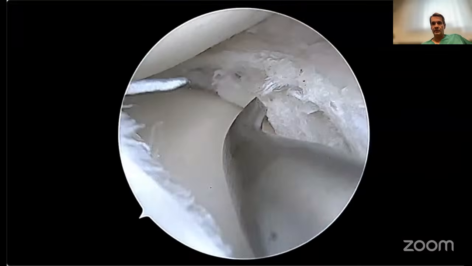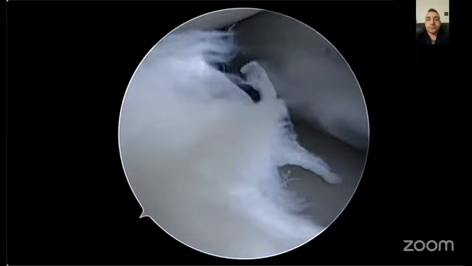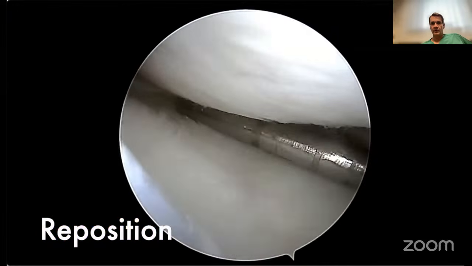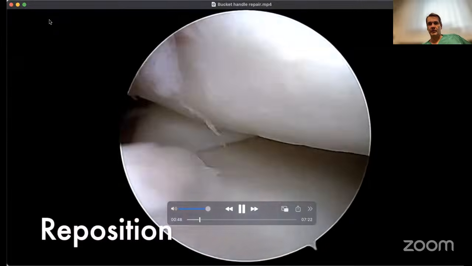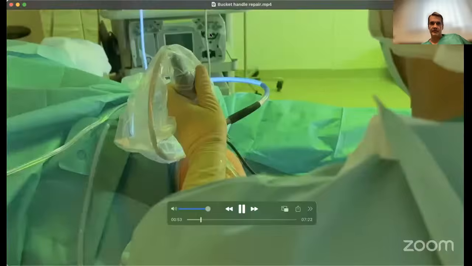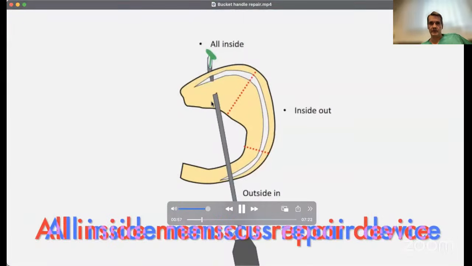This was with a microfracture awl. And then a reposition of the torn meniscus fragment. And then I started with an all-inside repair in the posteromedial part.